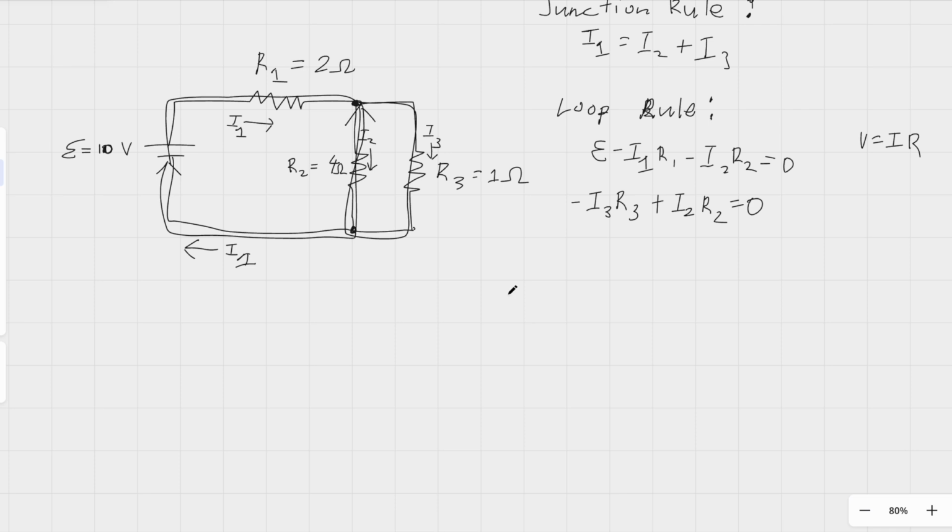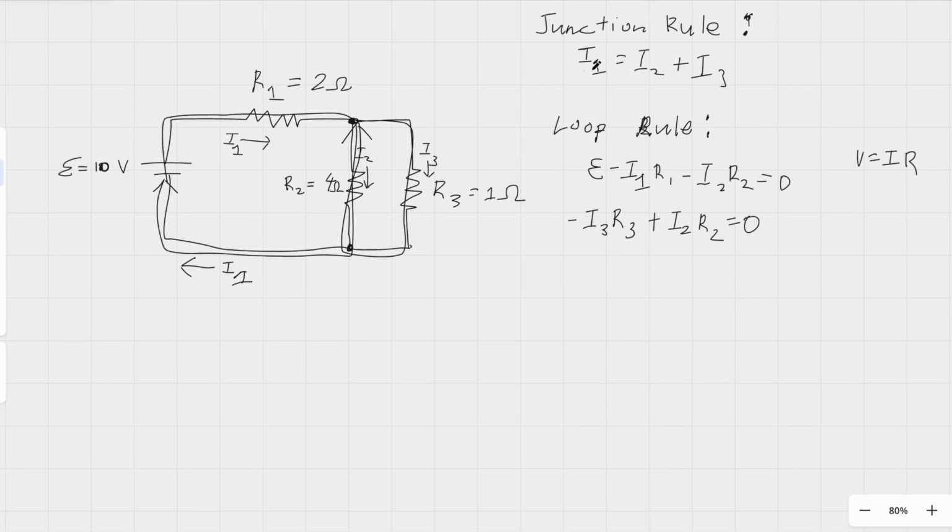Since the problem showed us that resistance 1 is 2 ohms, resistance 2 is 4 ohms, and resistance 3 is 1 ohm, we can substitute the R's into these. Oh, and we could substitute EMF equals 10. For the junction rule, we can move everything to one side: I1 minus I2 minus I3 equals 0.